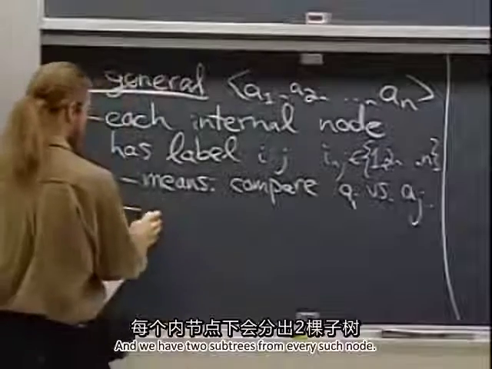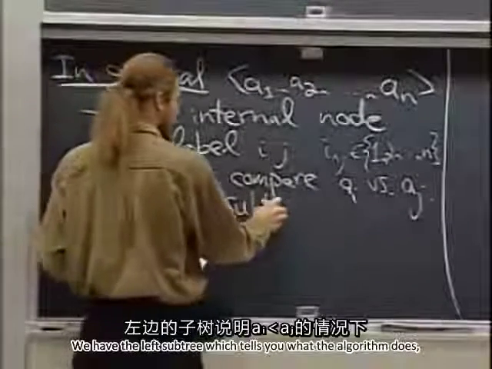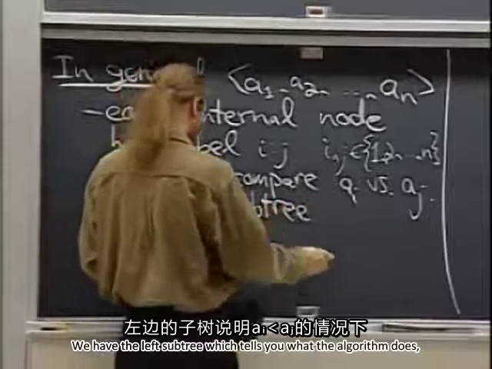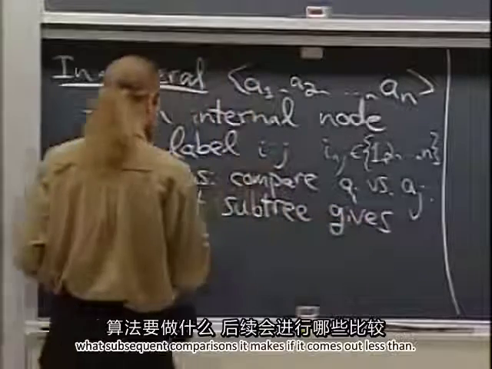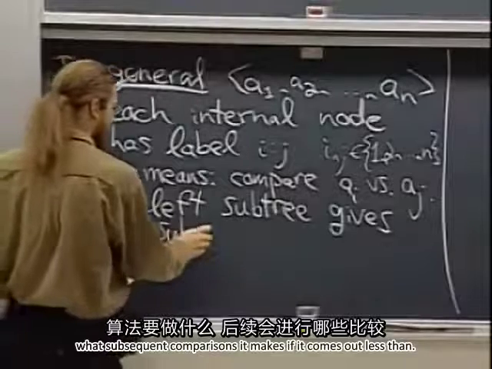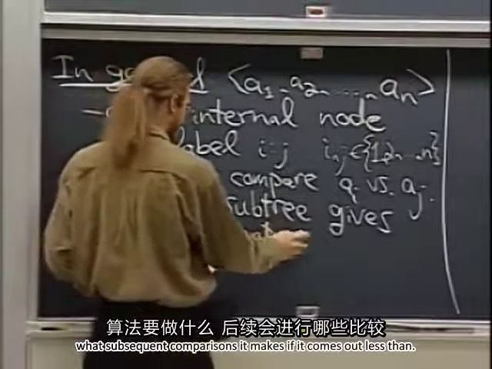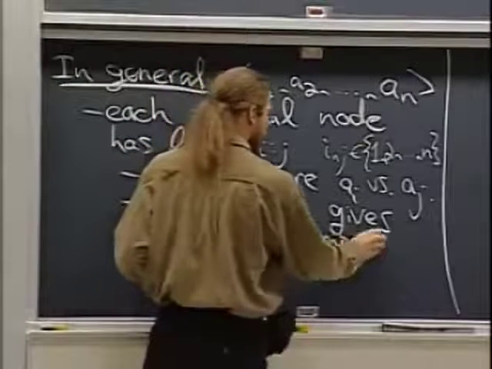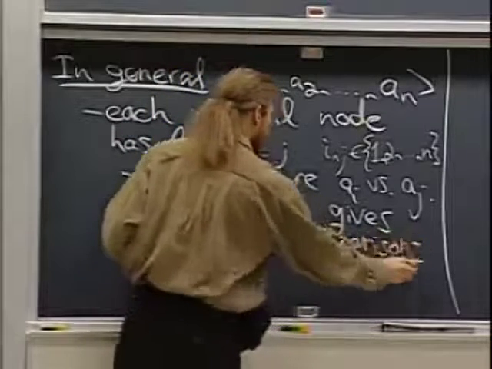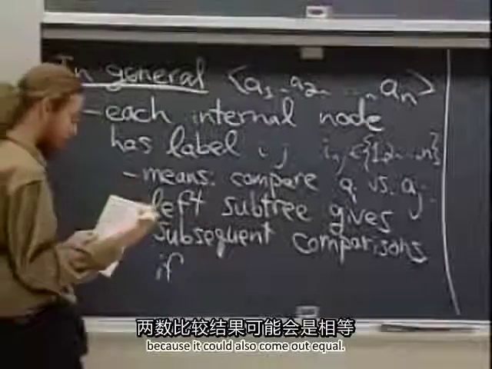And we have two subtrees from every such node. We have the left subtree, which tells you what the algorithm does, what subsequent comparisons it makes, if it comes out less than. And we have to be a little bit careful because it could also come out equal.